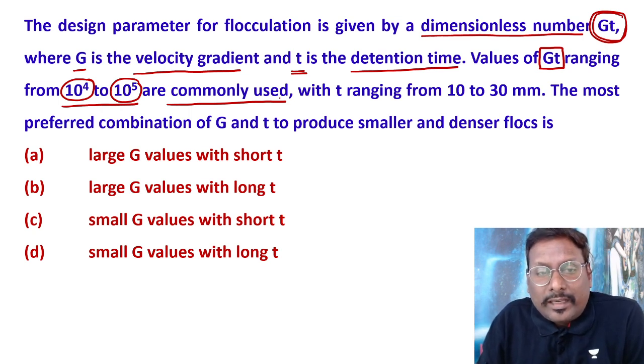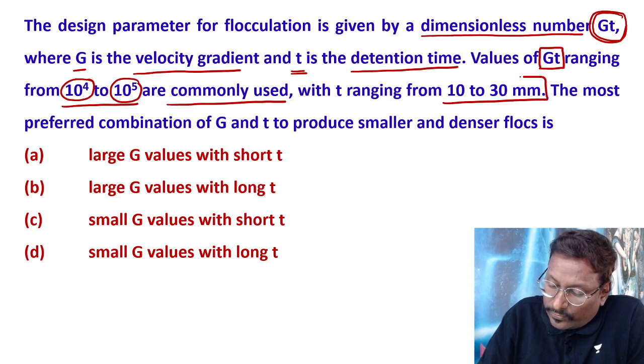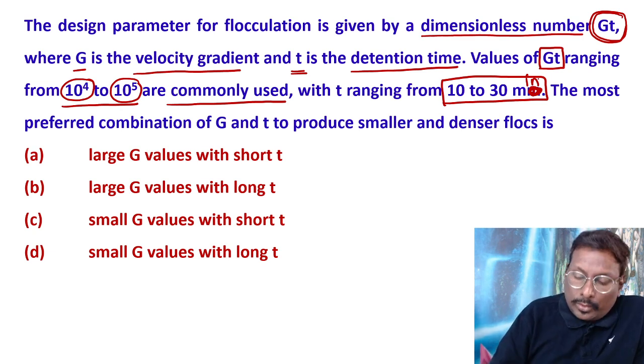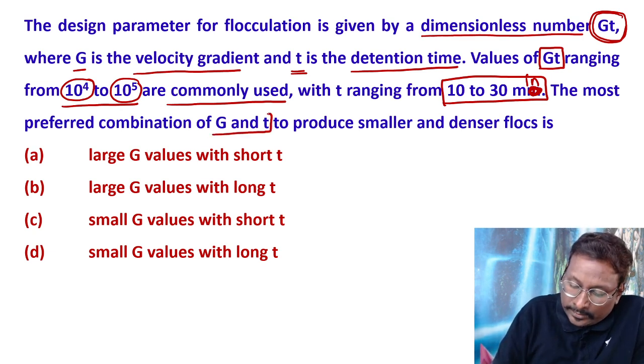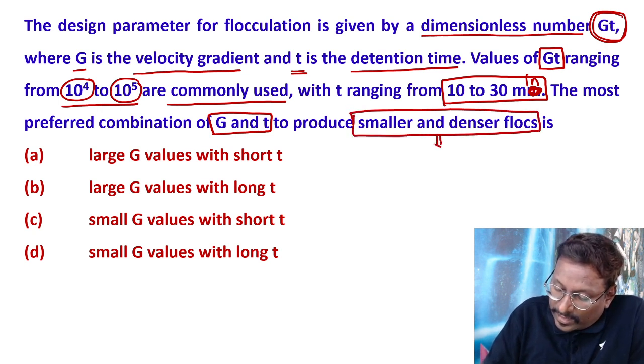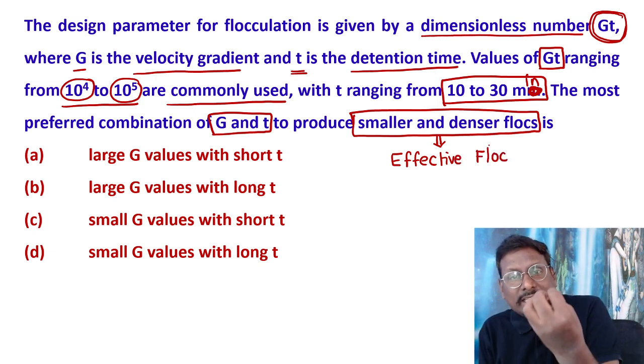T ranging from 10 to 30 minutes. Most preferred combination of G and T to produce a smaller and denser flock? Smaller and denser flock is the effective flock for settling. During secondary sedimentation, the required density is needed to settle down.